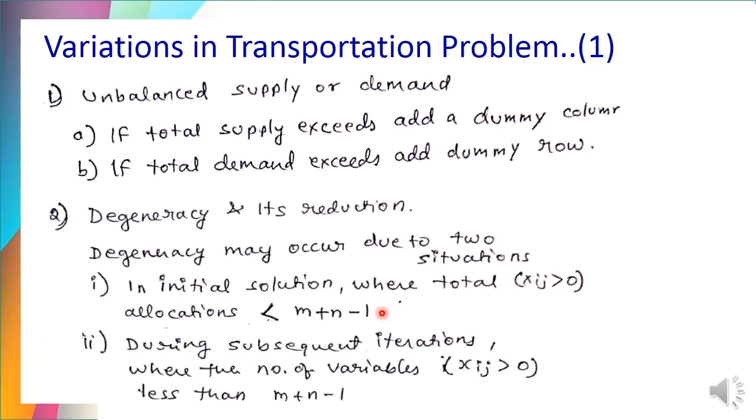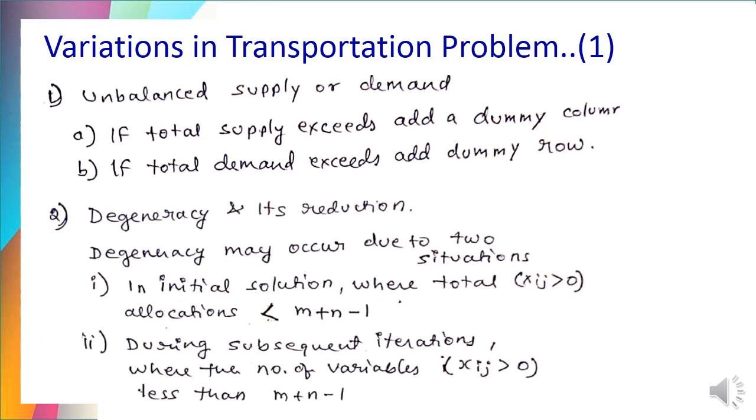Or during the iterations of the UV method, we can find that the total number of variables xij greater than 0 may lead to less than m plus n minus 1. So the initial solution or subsequent solutions may end up as a degenerate solution. A degenerate solution is one where the total number of allocations is less than m plus n minus 1.